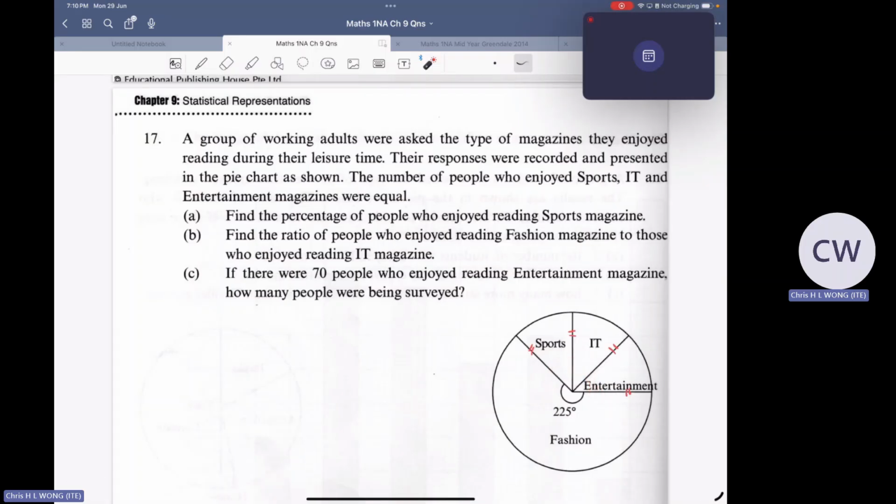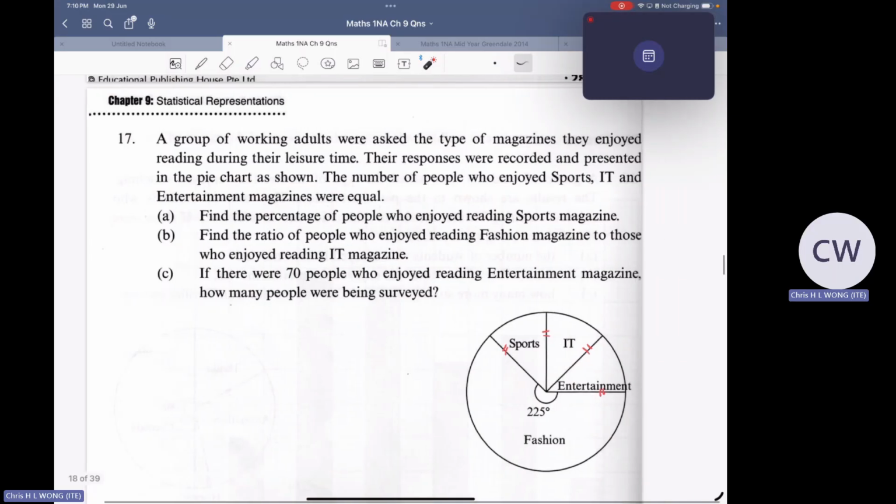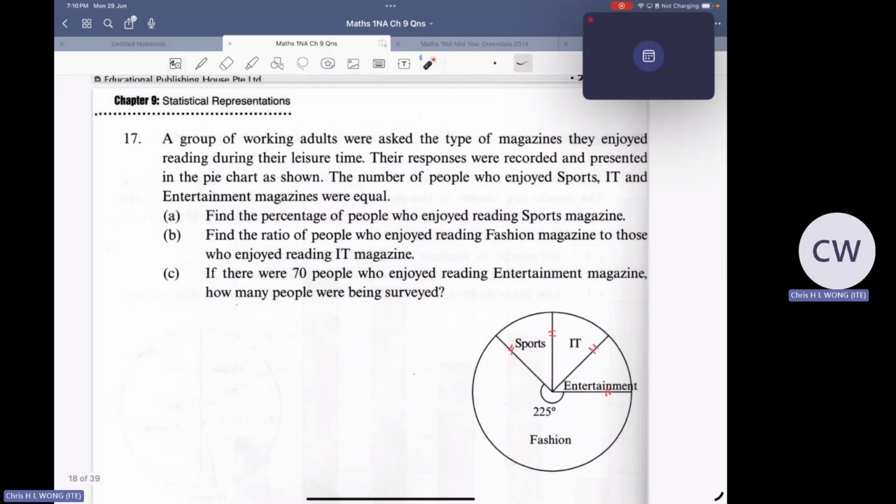So the first thing we're going to do is, what is given to you? Almost nothing, right? What they have given to you is only 225 degrees for fashion, and nothing else.